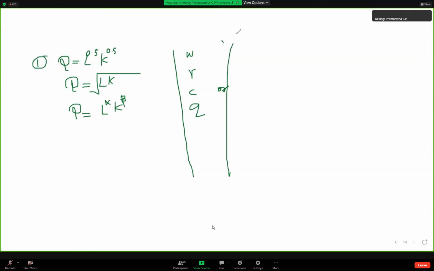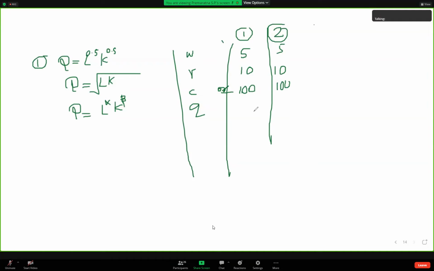Let's say for the first equation, I give you W is 5, R is 10, and the cost is, let's say, 100. For the second equation, same thing: 5, 10, 100.